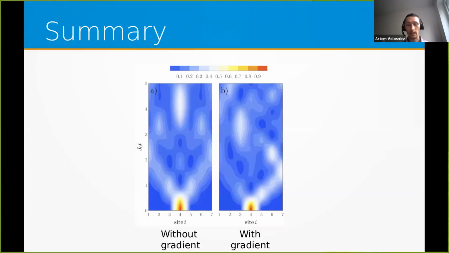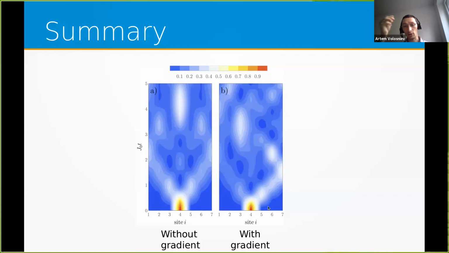Okay, so I think I will just summarize. The only thing that I want you to remember from this talk is that without gradient, nothing breaks parity. So a particle can move to the left, to the right, it doesn't matter.